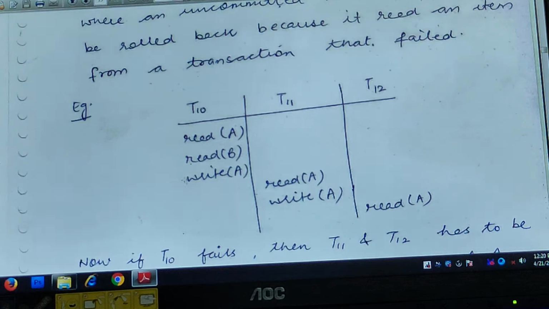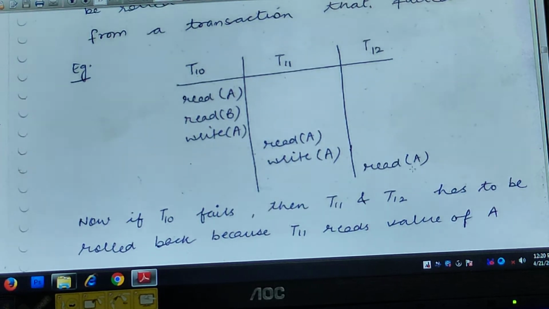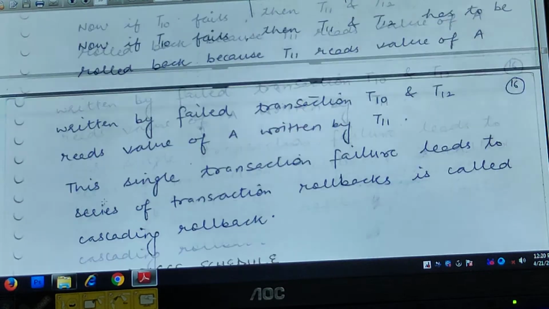If T10 fails before it is committed, it will lead to the rollback of T11, because T11 has read a value written by T10, and also the rollback of T12, because T12 is dependent on T11. So the failure of T10 will lead to the rollback of T11 and T12 as well. This is cascading rollback: the failure of one transaction leads to the rollback of other dependent transactions.